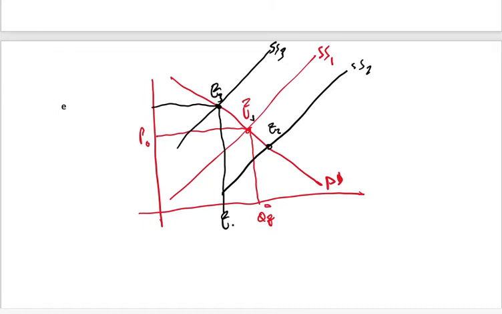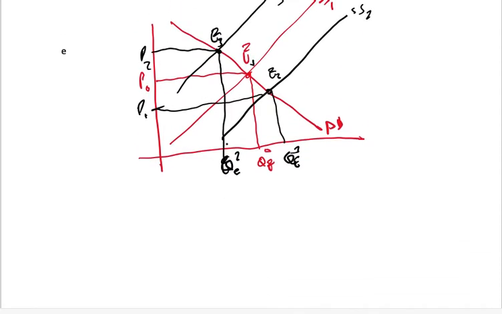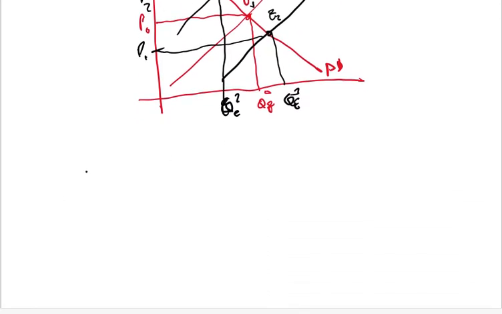This is going to be equilibrium quantity 2, and let's call this equilibrium quantity 3, and these are their respective prices. Okay. So now, if we want to conclude this way, what are the causes of changes in equilibrium condition?